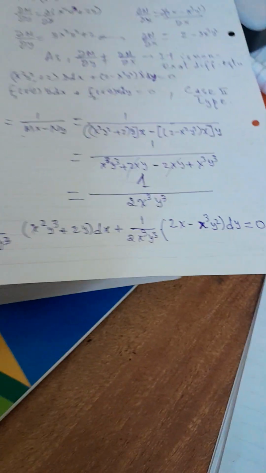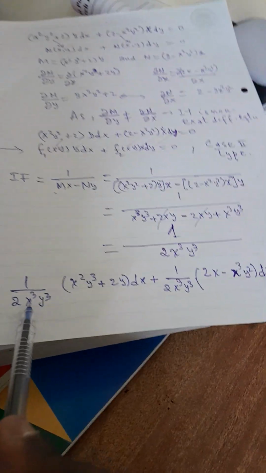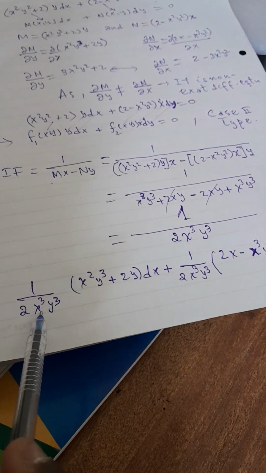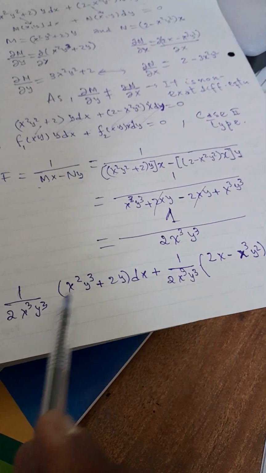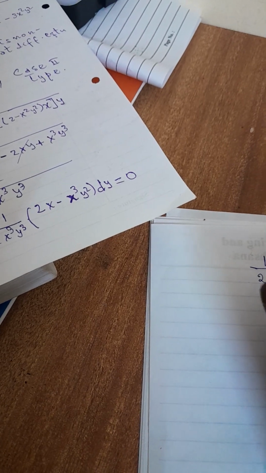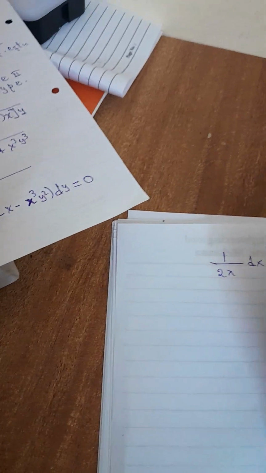Do some simplification here. As you can see, you can simplify x cubed and x squared. It will remain x down, and x cubed y cubed will be simplified. So here you get only 1 upon 2x dx.